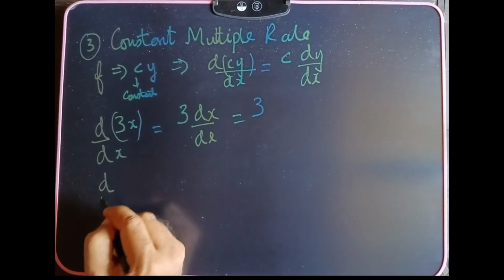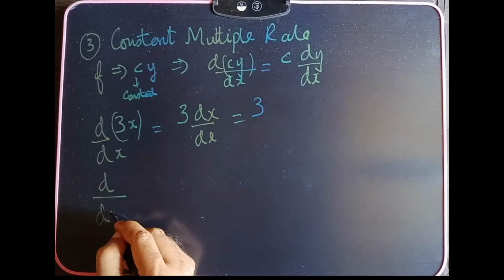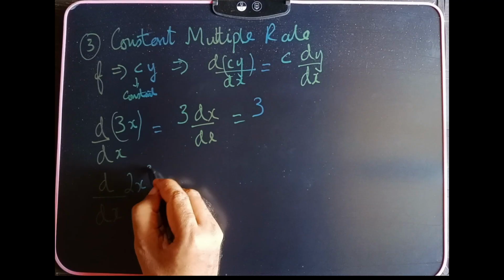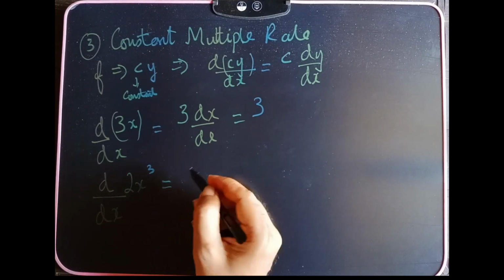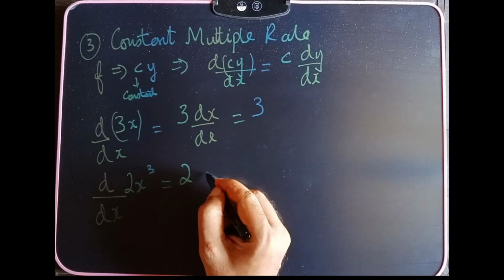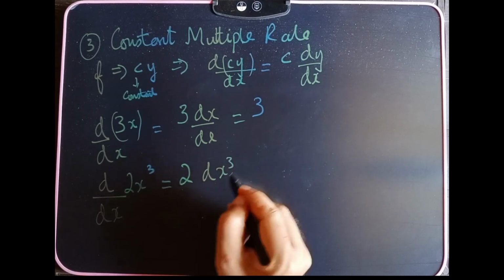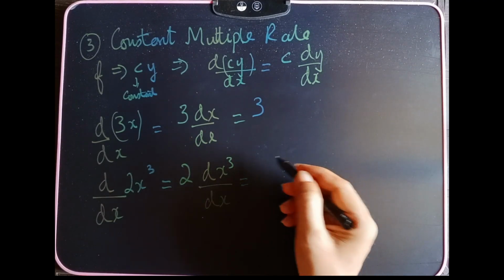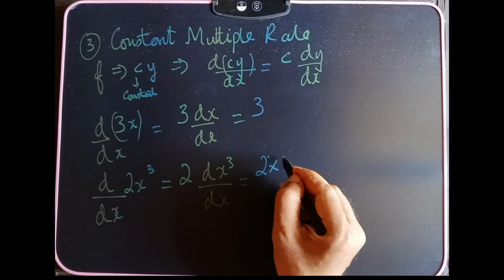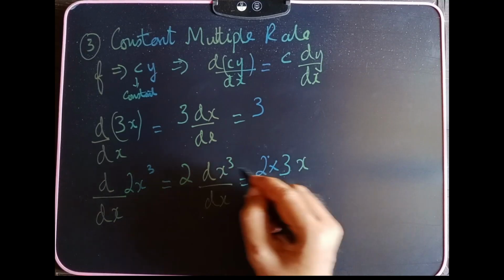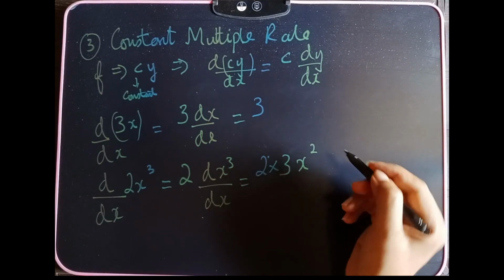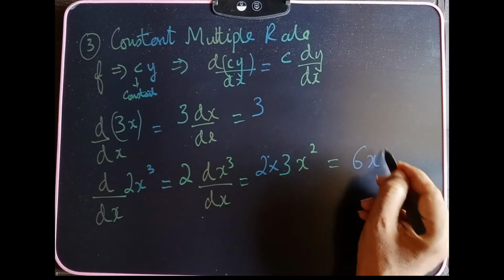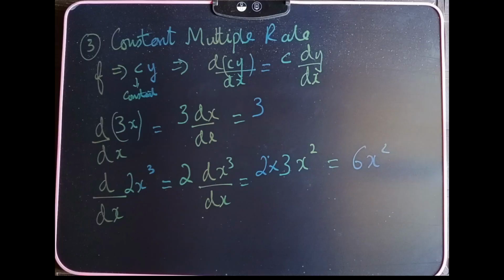Similarly, for the derivative of 2x cube, the constant 2 will come outside, and then you take the derivative of x cube. Using the power rule, you will have 2 multiplied by 3x to the 3 minus 1, which is 2, so you will get 6x square. So that is the constant multiple rule.